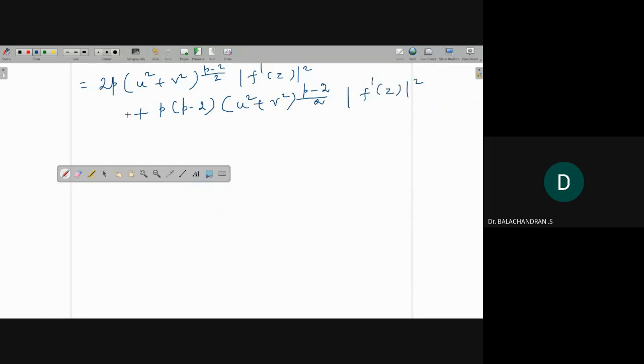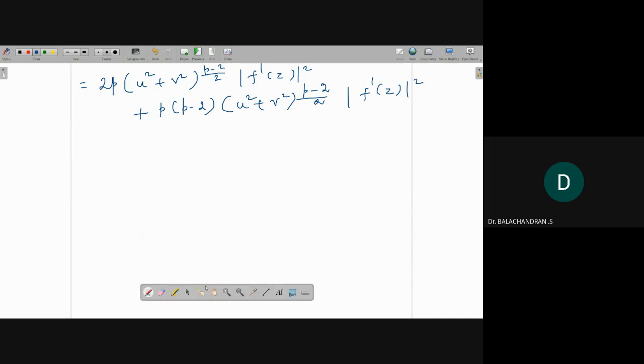In these two, what is common now? p is common, (u² + v²)^((p−2)/2) is common, and |f'(z)|² is also common.